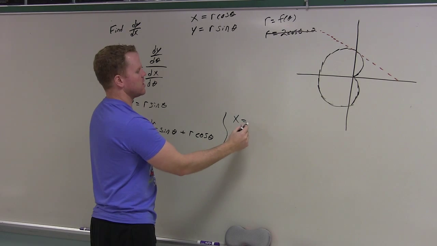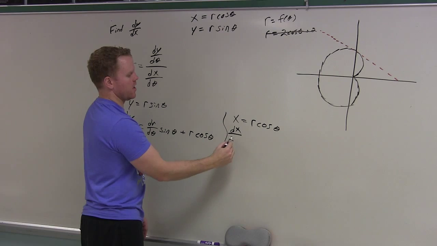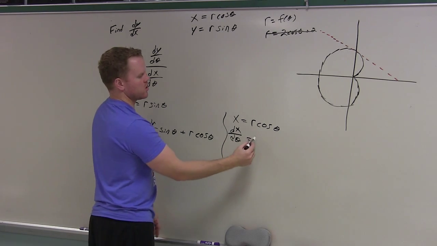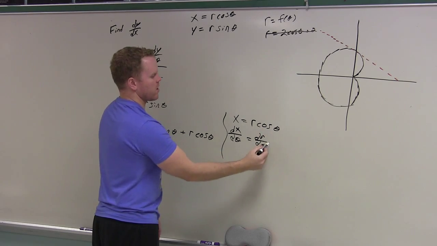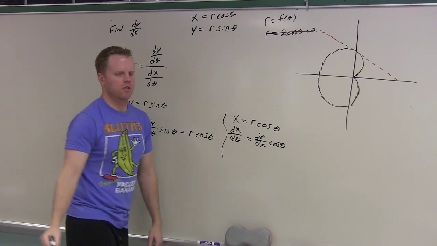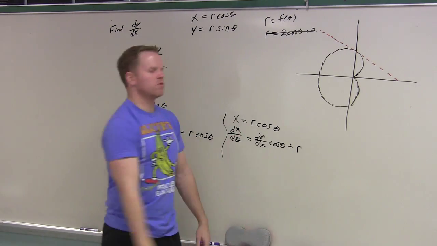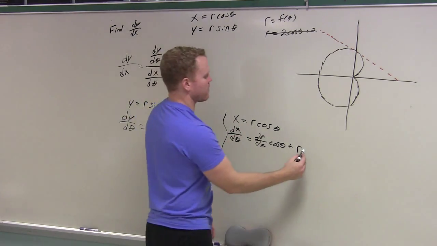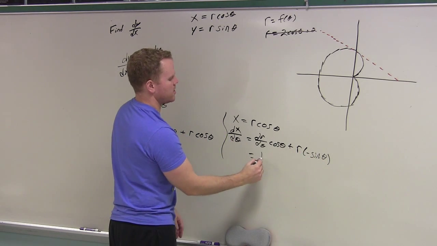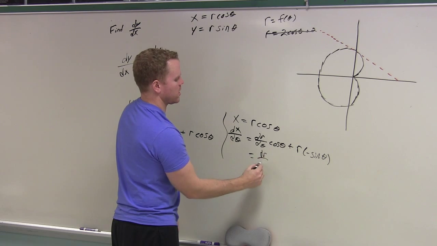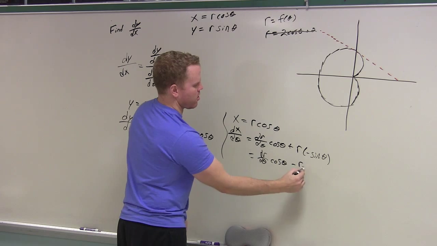If x is r cosine theta, then dx/dθ is the derivative of r, which is dr/dθ, leave the cosine, product rule, so split that up with a plus, leave the r, derivative of cosine is just negative sine. So that's dr/dθ cosine theta minus r sine theta.